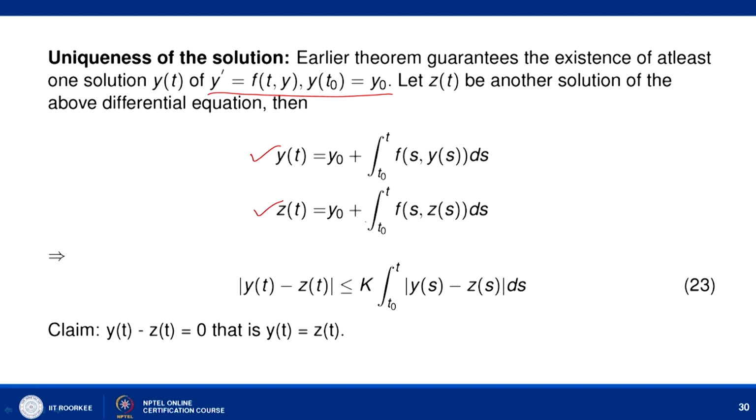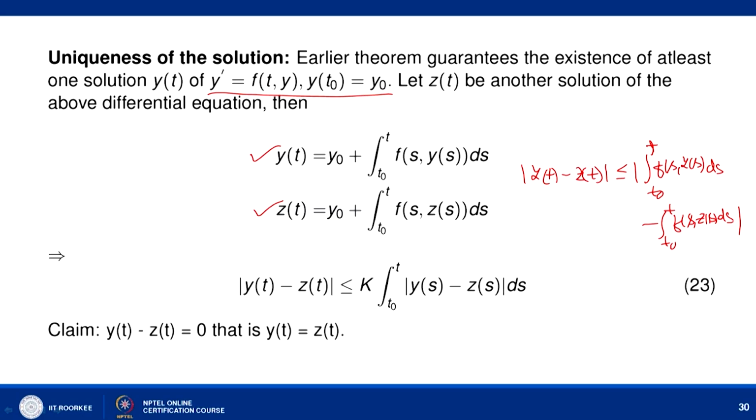Now with the help of this we can consider |y(t) − z(t)|, and it is coming out to be less than or equal to the modulus of the integral from t0 to t of f(s, y(s)) minus the integral from t0 to t of f(s, z(s)) ds.